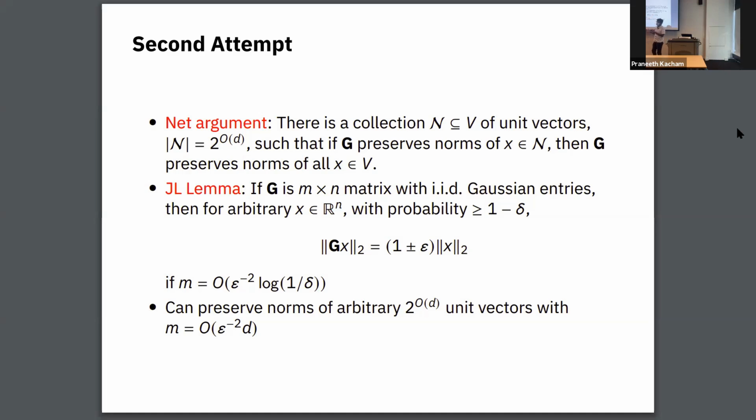I don't know what these net vectors are, but the JL lemma says that for any arbitrary vector, this Gaussian matrix works. And if I choose my failure probability small enough, then it works for all the net vectors simultaneously, which gives me a subspace embedding. So a dense Gaussian matrix with just order d over epsilon squared rows is a subspace embedding for an arbitrary d-dimensional subspace. Any doubts here?